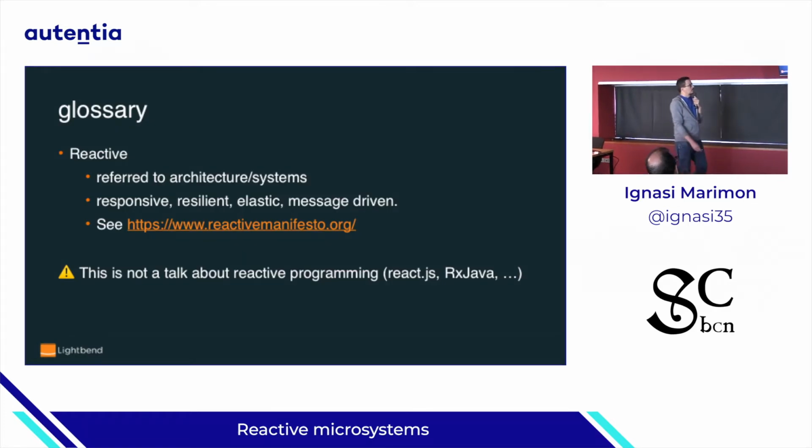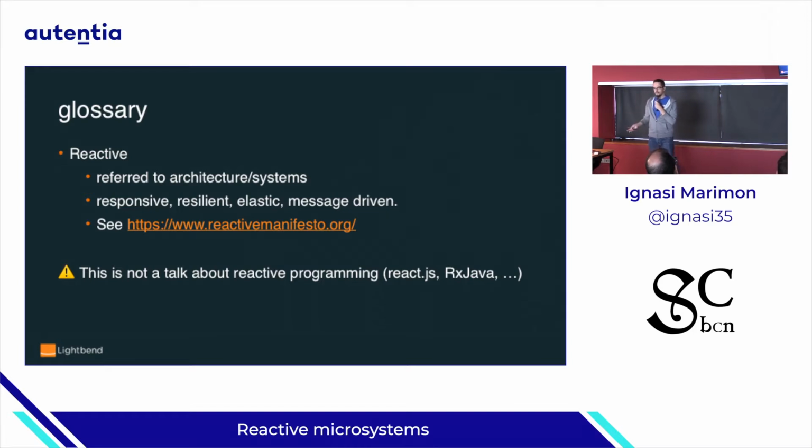Reactive. Oh, that's a spoiler. Okay, let's imagine that that isn't there. When I use reactive in this talk, except in a couple of cases, I refer to a reactive architecture, a reactive system, something that spans your process. I'm not talking about reactive extensions or React or stuff like that, okay?